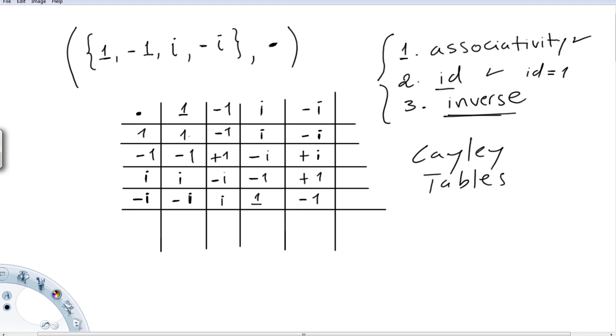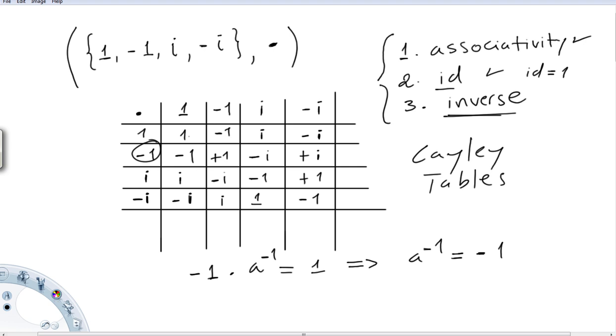Check, for instance, a funny thing. The element minus 1 times its inverse should equal the identity, right? So the identity is 1, so your inverse is going to be minus 1, right?